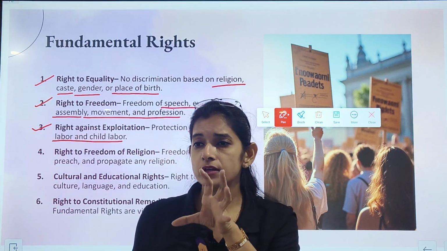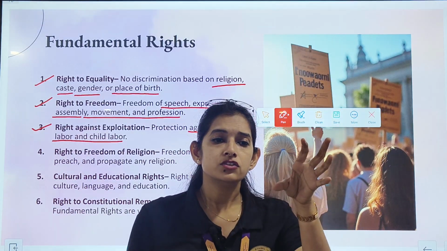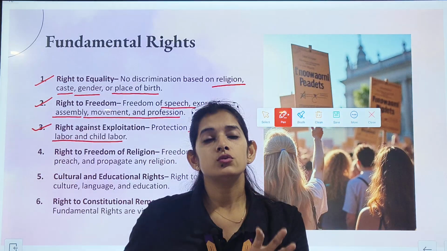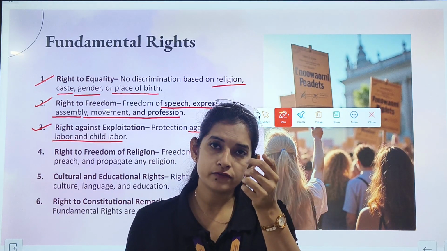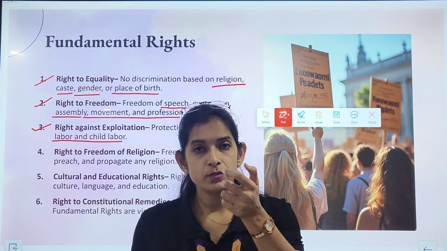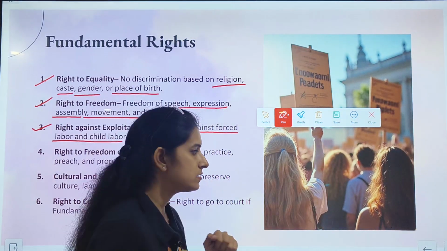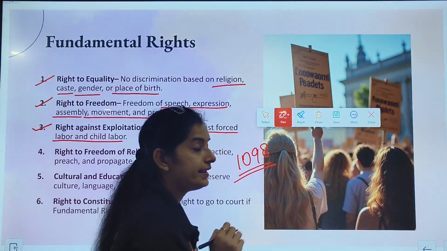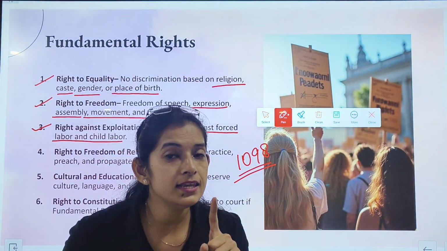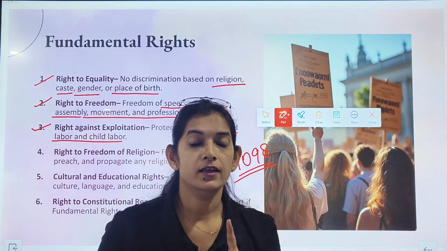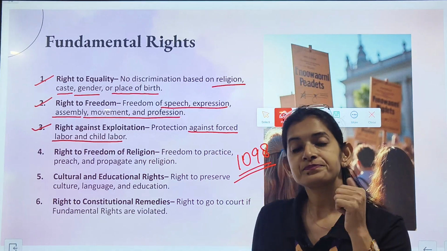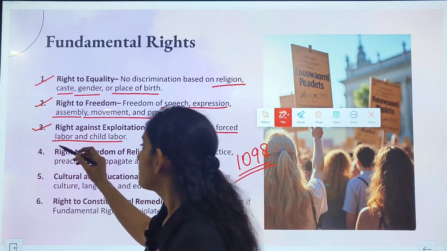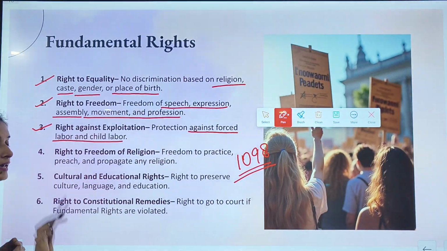If you observe any child who is below the age of 14 and he or she is being forced to do some household work in return of some monetary benefits, in that case, you can complain on 1098 because it is illegal according to our constitution. It is our basic fundamental right, the right against exploitation.